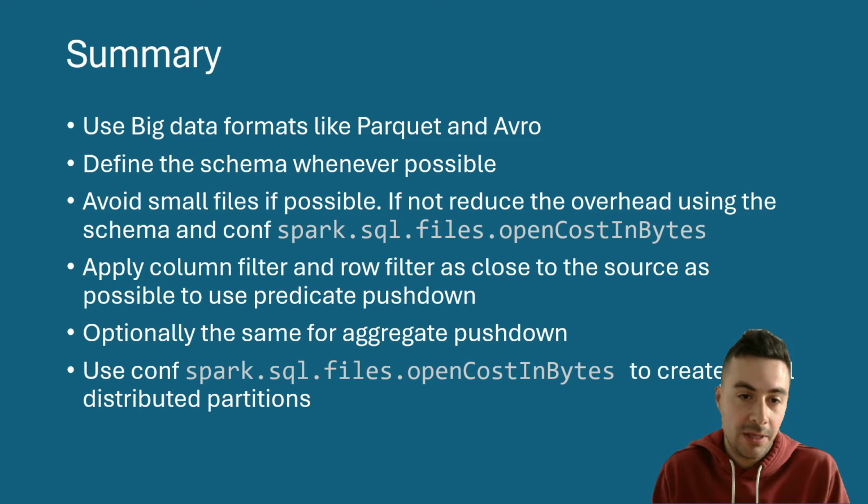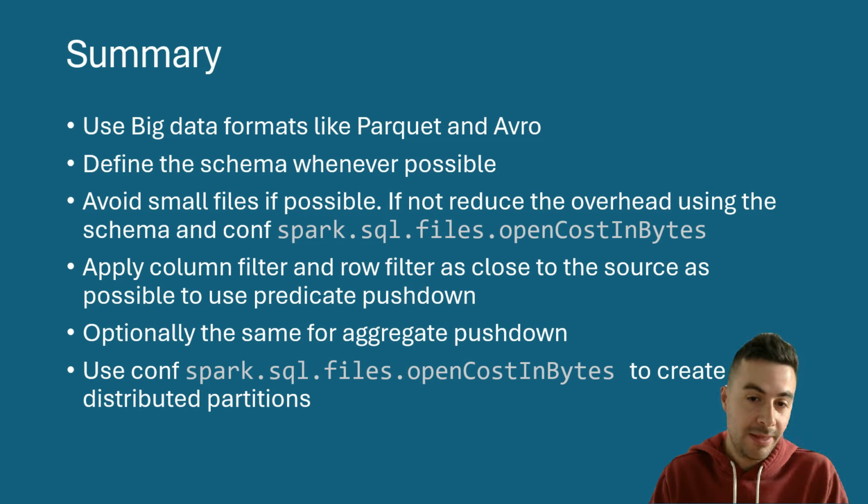But if you struggle with performance issues, especially with small files, the schema can save you significant loading time. Then, of course, avoid small files if possible. If not, reduce the overhead using the schema as mentioned, or check if the openCostInBytes parameter might also assist you.